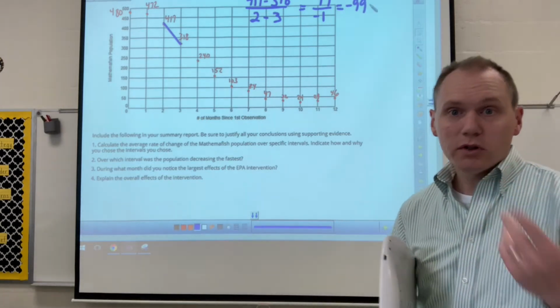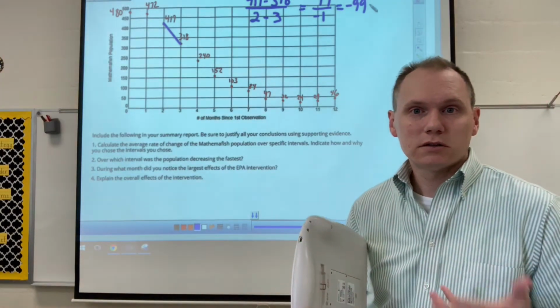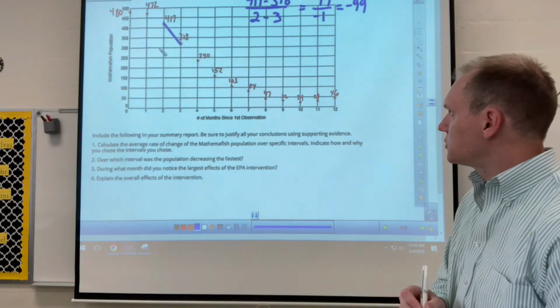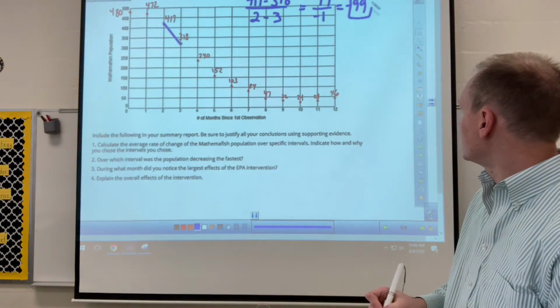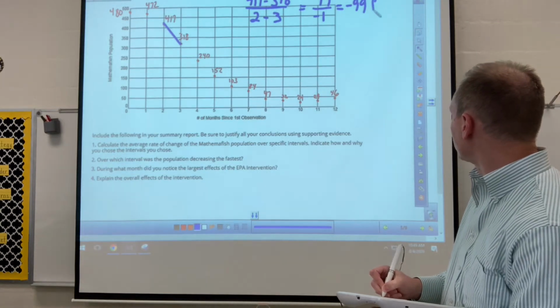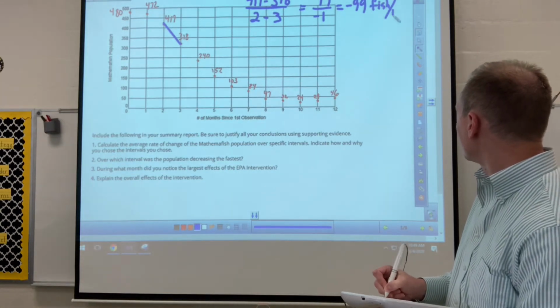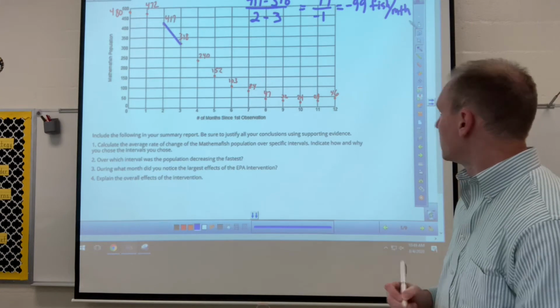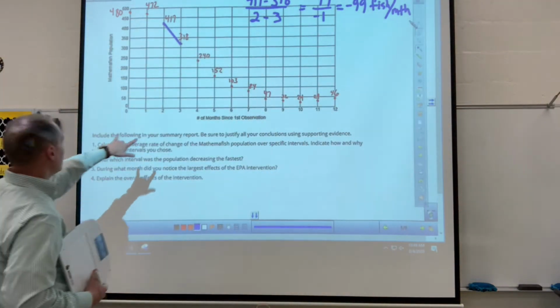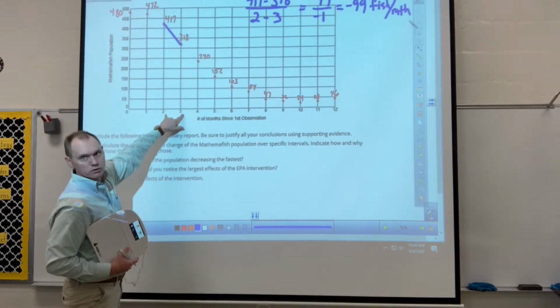So really it's the slope between the 2 points. The average rate of change between months 2 and 3 is negative 99 Mathfish, I'm just going to say fish per month, at that interval between 2 and 3.